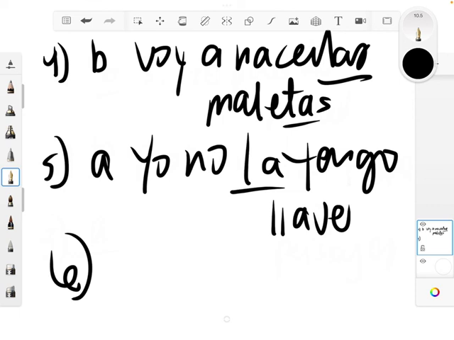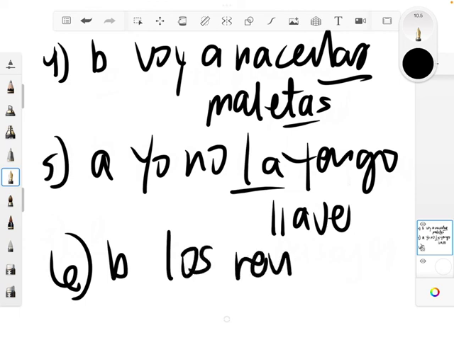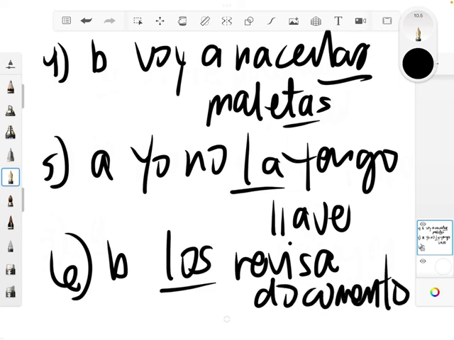Okay? Número 6. ¿Quién revisa los documentos? El inspector de aduana te revisa. El inspector de aduana los revisa. Well, the answer there is B. Los revisa. Because los refers to documentos. It's replacing it, so it needs to match in number and in gender.